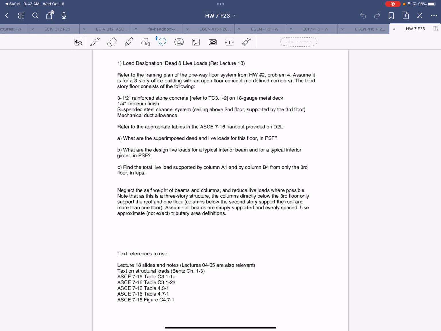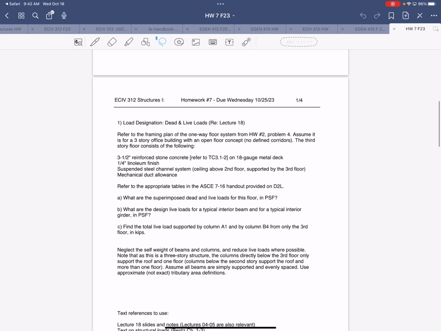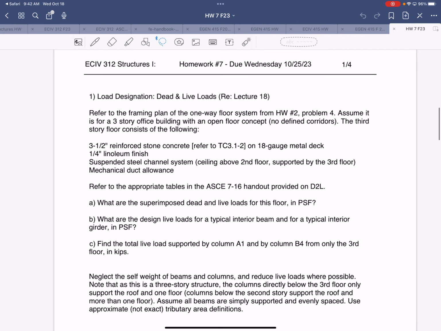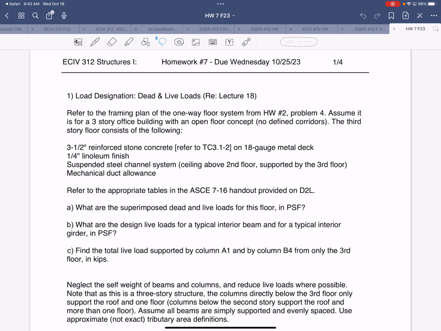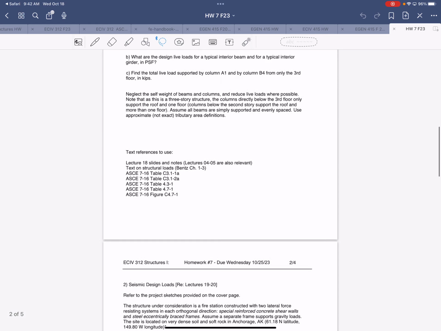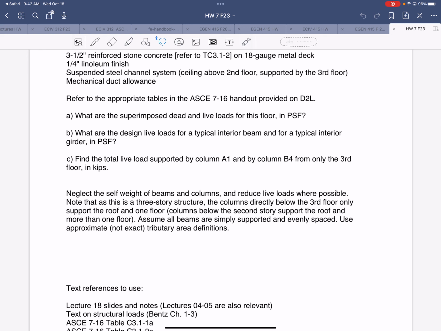You're also going to be referencing homework 2. The floor system that was provided in homework 2, problem 4, is going to apply to this assignment. And you're just asked to use those ASCE load tables to determine different things that are asked for in here.